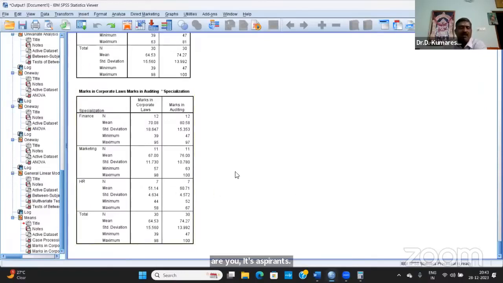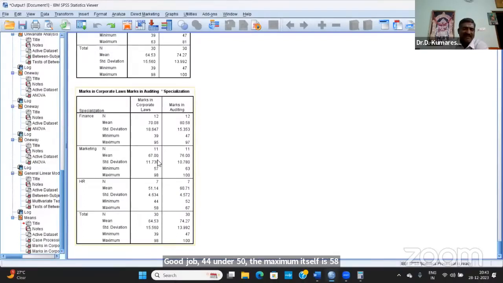60.71. Look at the minimum maximum. Minimum 39, maximum 95 in corporate law. Auditing, minimum 47, maximum 97. Marketing students, minimum 57, maximum 98. Here 63 and 100. HR 44 and 58. The maximum itself is 58.